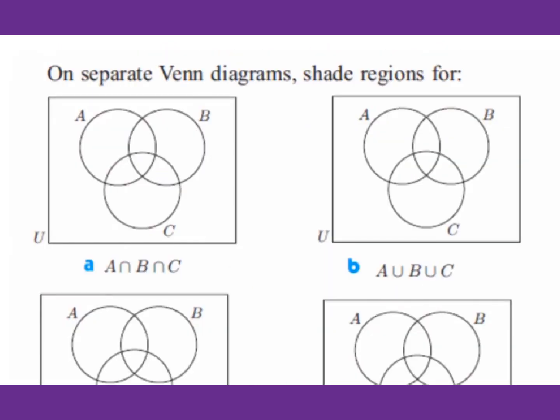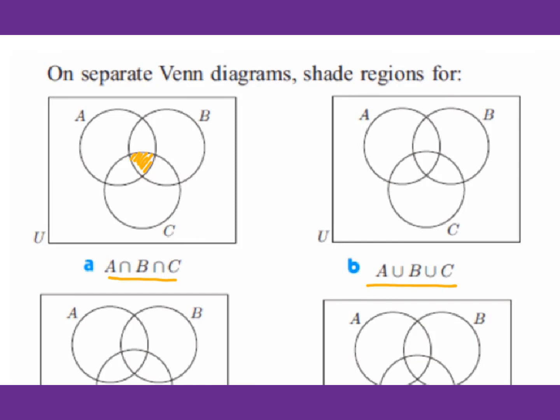On separate Venn diagrams, shade regions. So we use shaded regions to represent the sets. A is A intersect B intersect C. That means in all these three sets. That's why we shade this area.